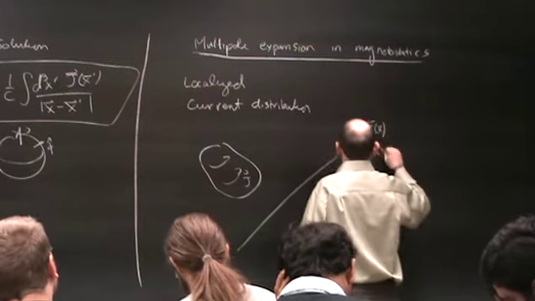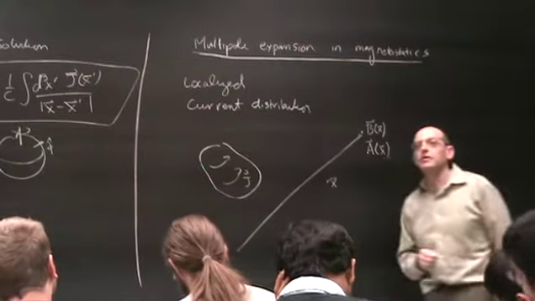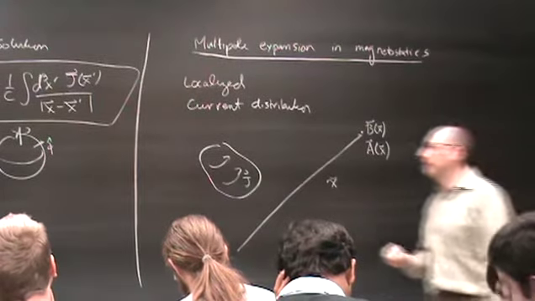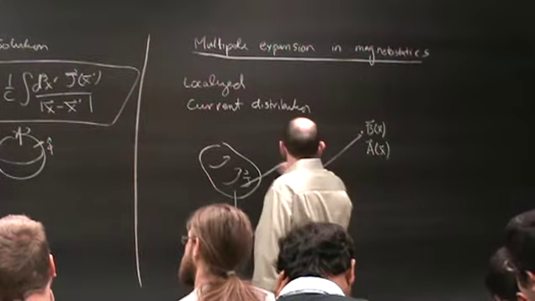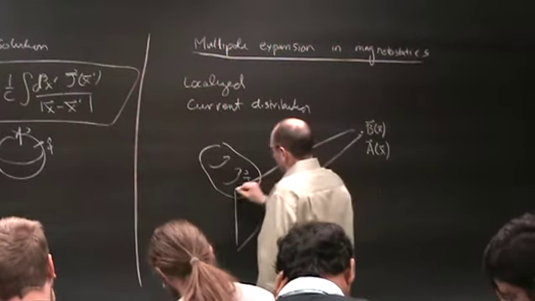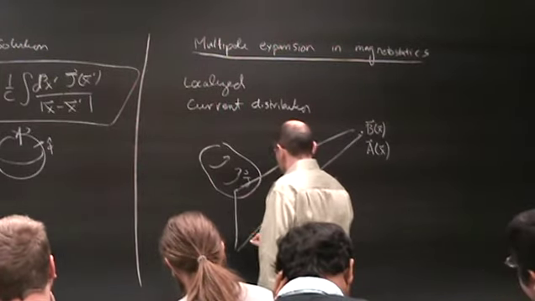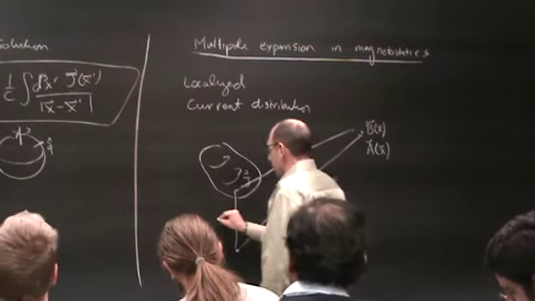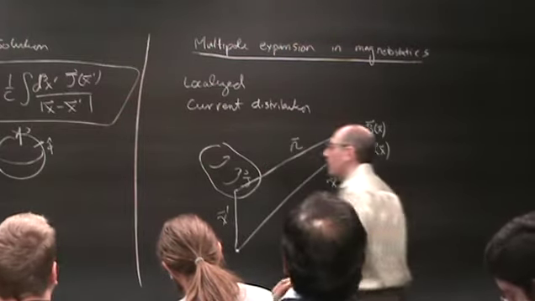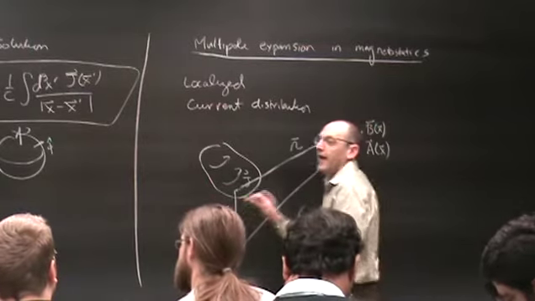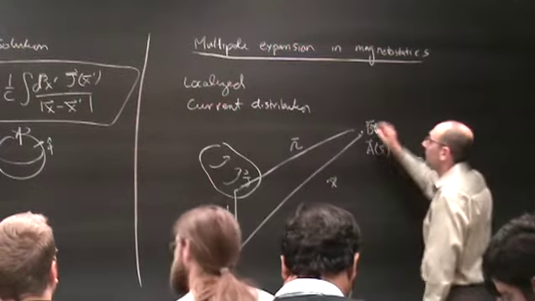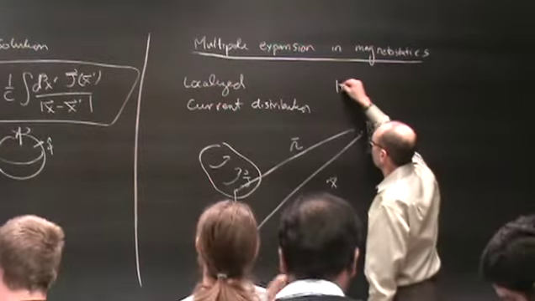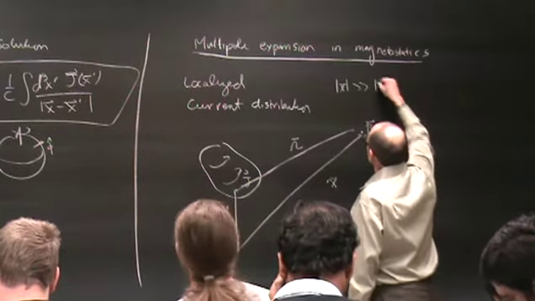To start, we find the vector potential at some point of observation where the distance from the origin to the point of observation is much, much bigger than the distance from the origin to any of the sources. So in the multipole expansion, we're looking at this condition.